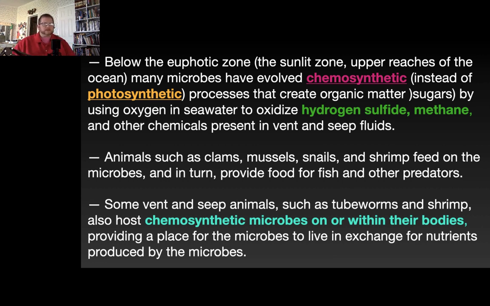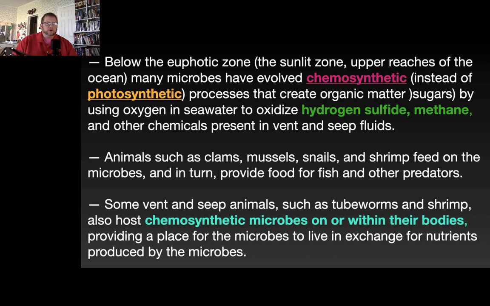But chemosynthesis done by microbes actually helps things like clams, mussels, snails, and shrimp that eat those microbes. And then, of course, bigger fish and predators eat on those clams, mussels, and snails. Clams and mussels specifically, and even some shrimp, have been found in some of these areas that are very, very harsh.